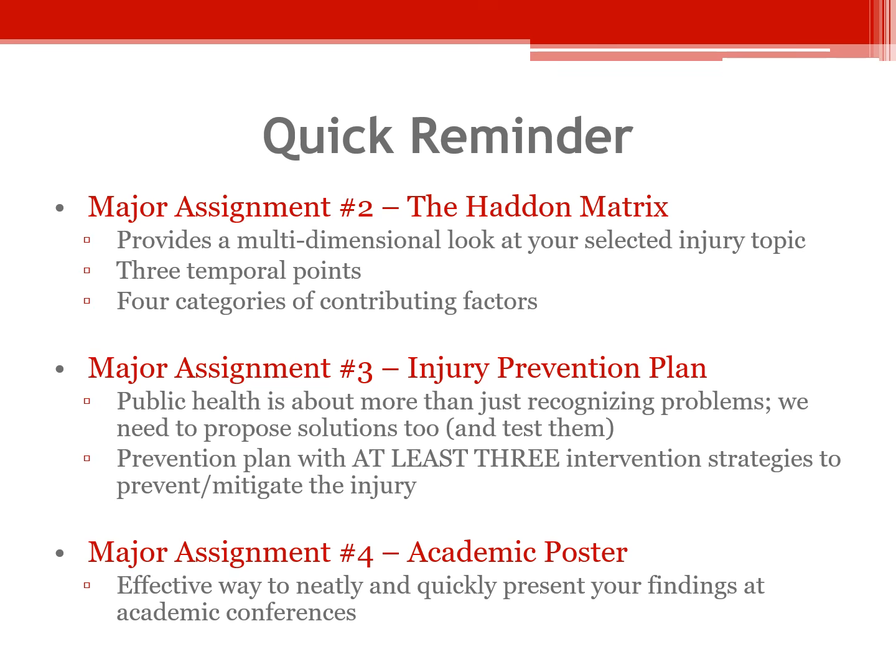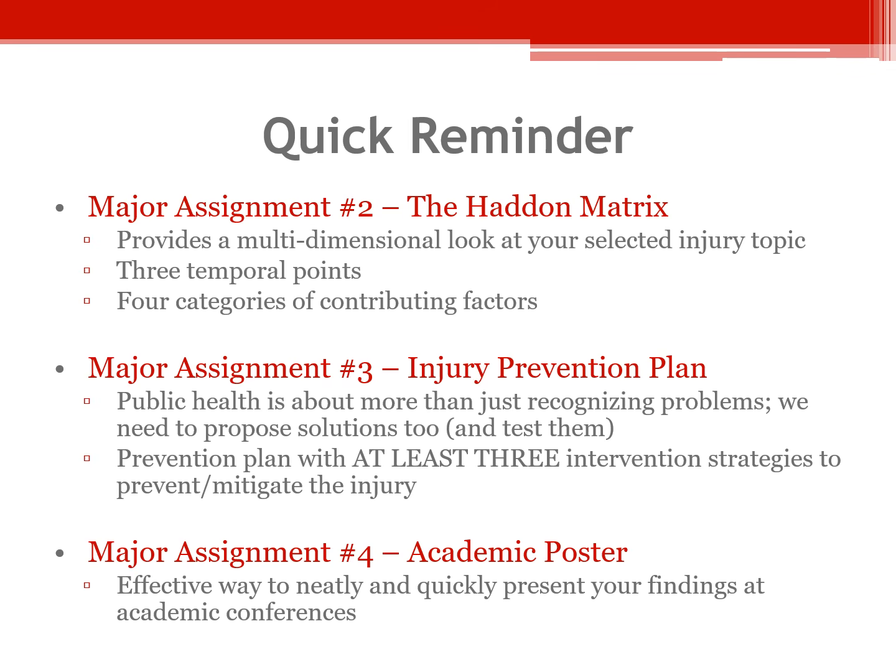Those 3 different temporal points are pre-injury or pre-event, things that happen before the injury occurs; injury or event, things that happen while the injury is occurring; and then post-event or post-injury, the events and conditions that predominate after the injury has occurred, which can either improve or in some cases make the injury worse.